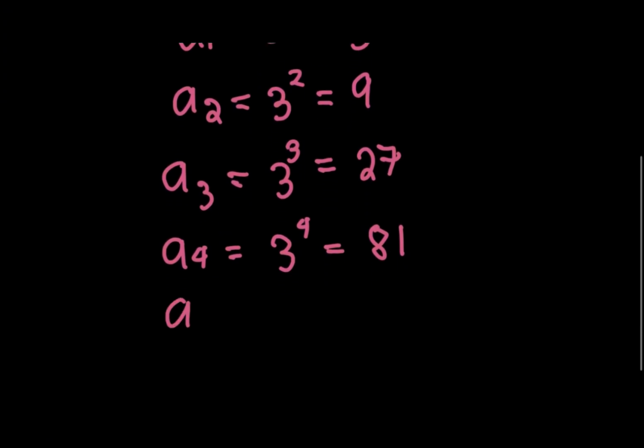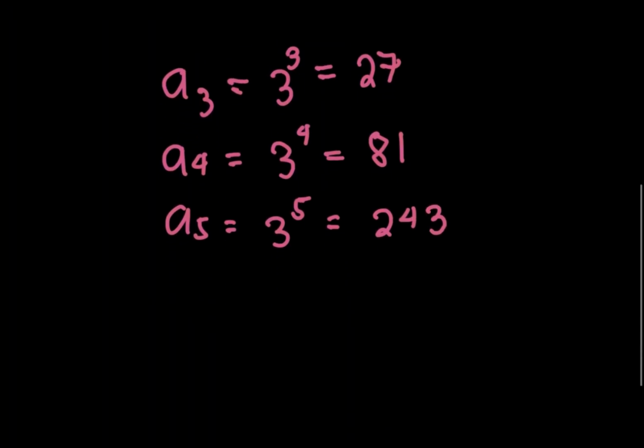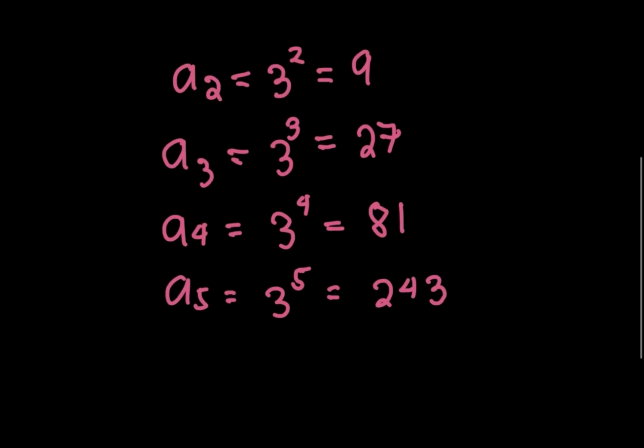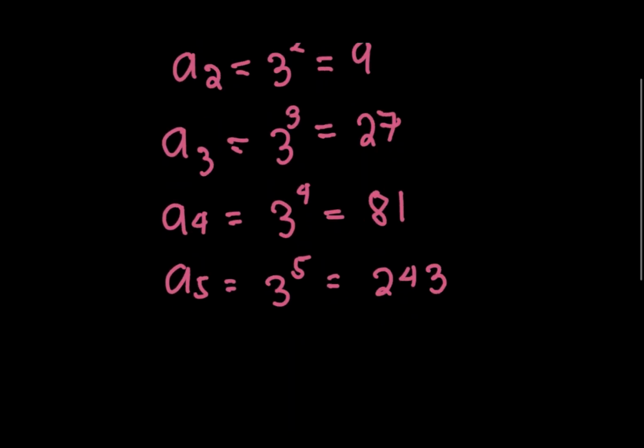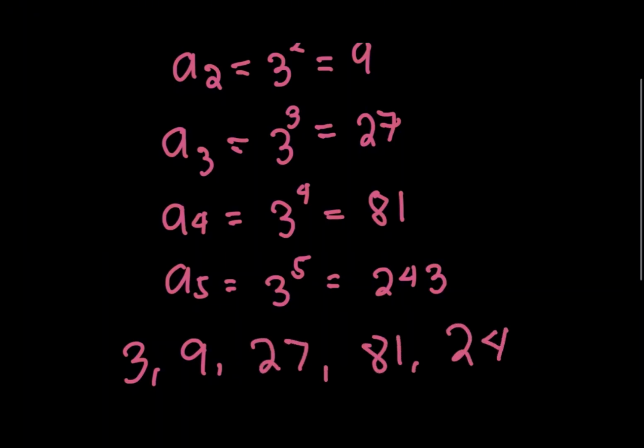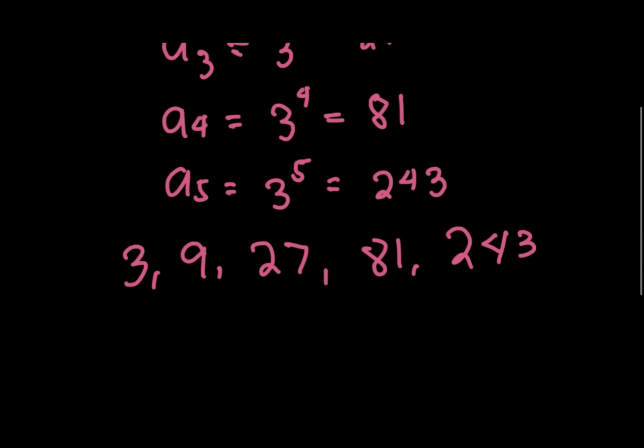And for the fifth term, a sub 5, that is 3 to the fifth power, we have 243. And this example, so let's list it down. We have 3, 9, 27, 81, and 243.